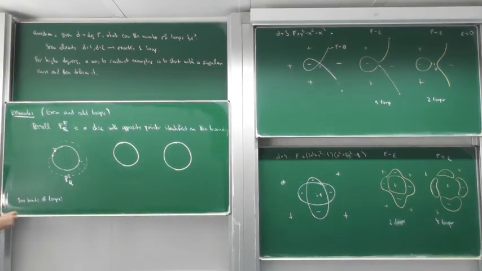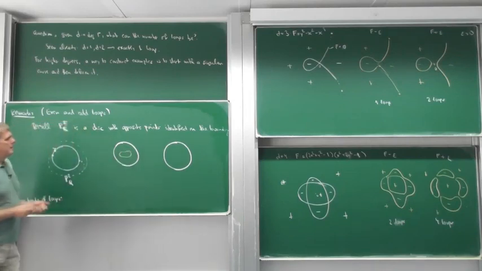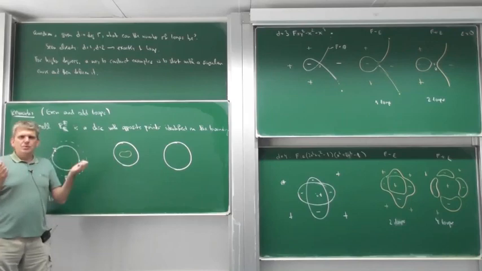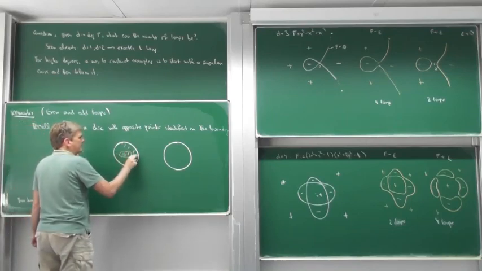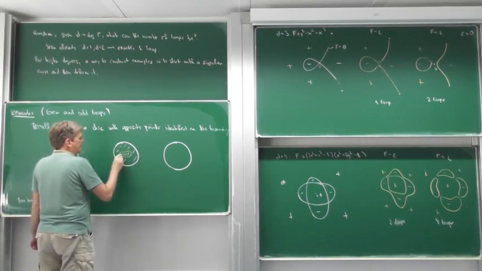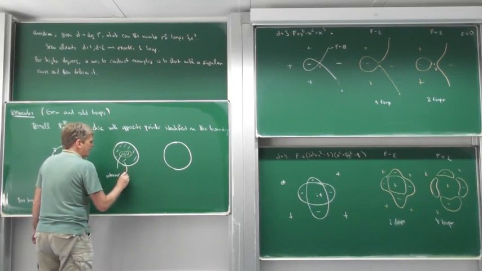So for example, if we take an obvious loop like this here, it would be a loop such that the complement has two components, right? So we have an interior here, and an exterior out here. There's an interior of the loop, and here there's an exterior.